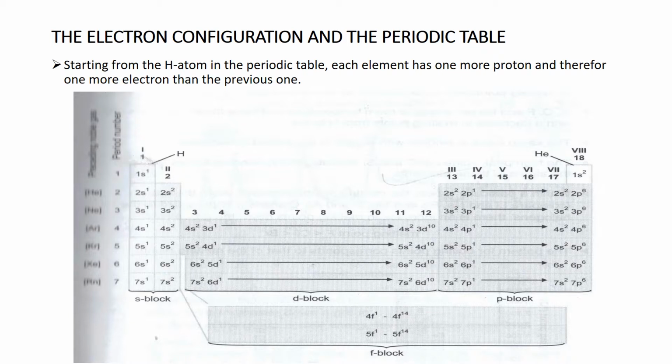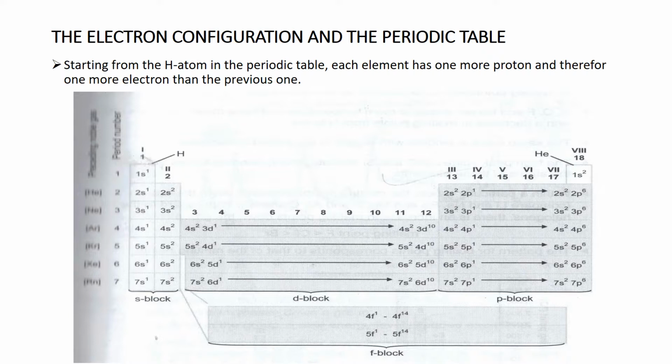The electron configuration and the periodic table. Remember, we did electron configuration, and we even did 2 types of electron configuration. We did the spectroscopic electron configuration and the shorthand electron configuration. So when you start from hydrogen in the periodic table, going to the right to helium, each element has 1 more proton and therefore 1 more electron than the previous one.